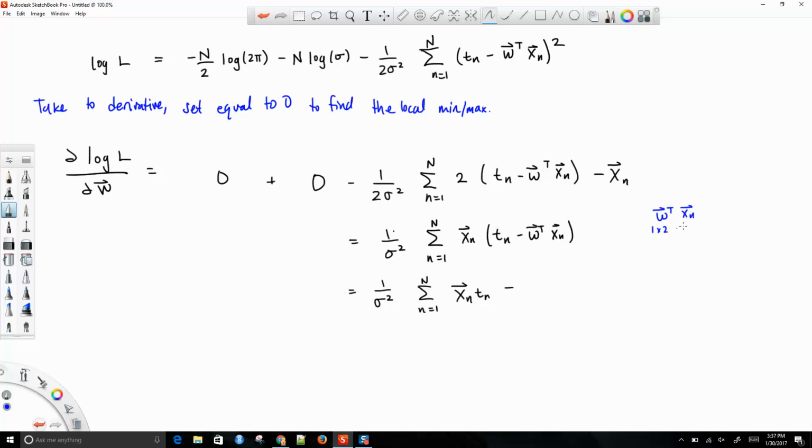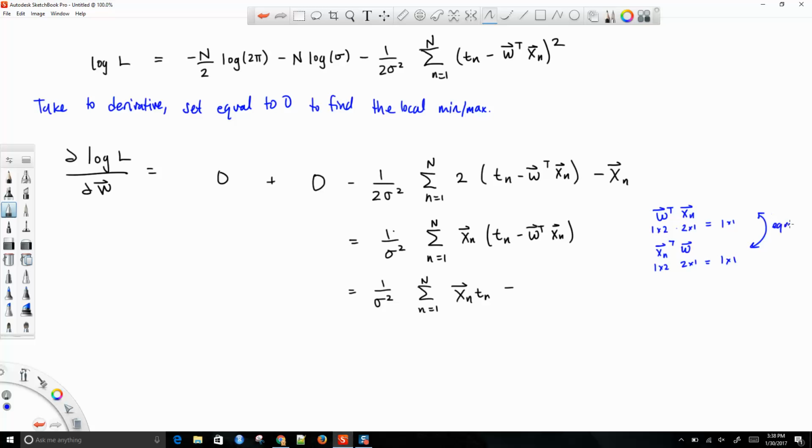So this just becomes a scalar. Because it's a scalar, I can swap these terms around, and you can verify that if I swap these terms around, this is also going to be a 1 by 1 scalar, and these two things would be equal.